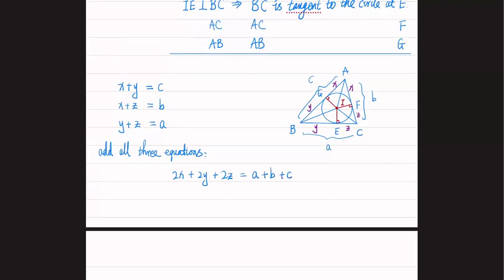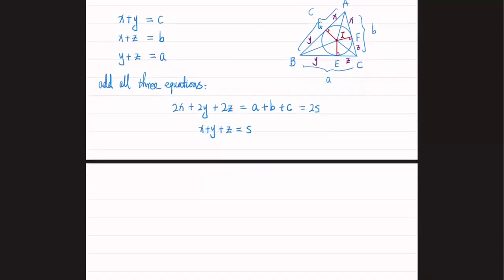And this is the perimeter, which is twice the half perimeter, that's 2s. Okay, we divide by 2, we get x plus y plus z equals s. Okay, nice.